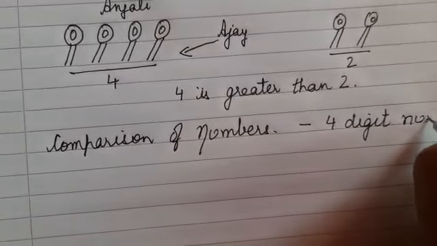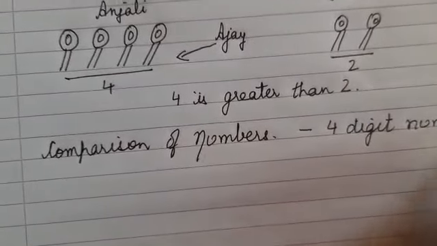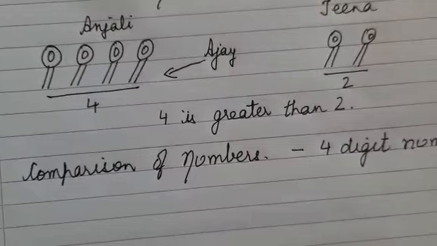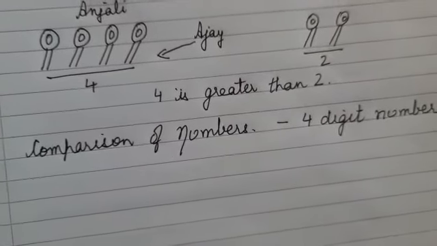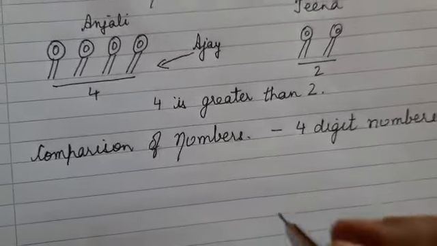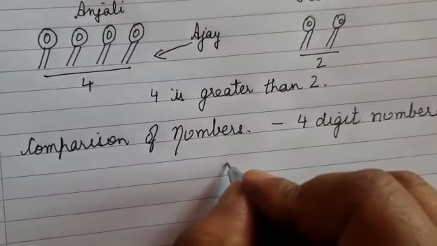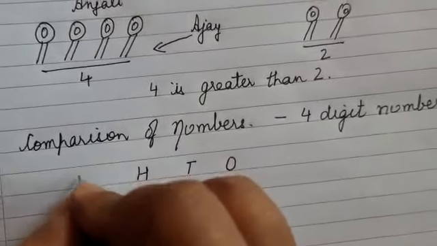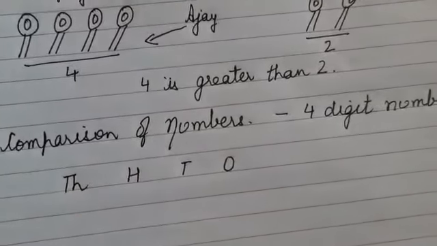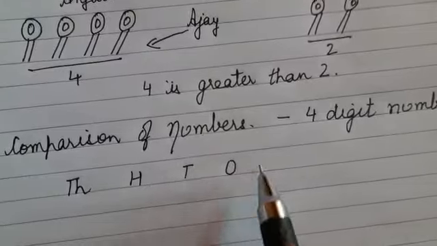With the comparison of 4-digit numbers, we first look at its different place values. 4-digit numbers are formed with ones, tens, hundreds, and thousands. That's why they are said to be 4-digit numbers.